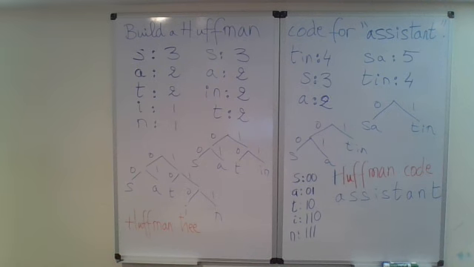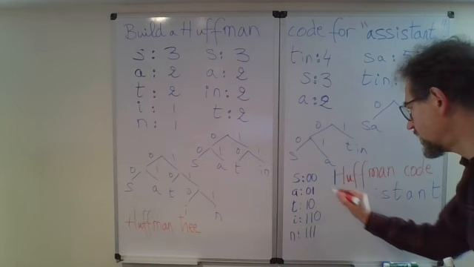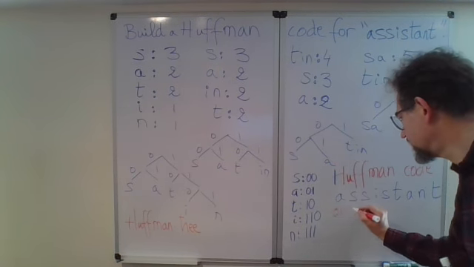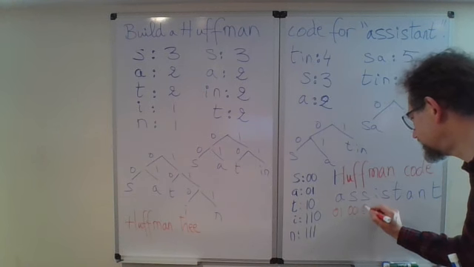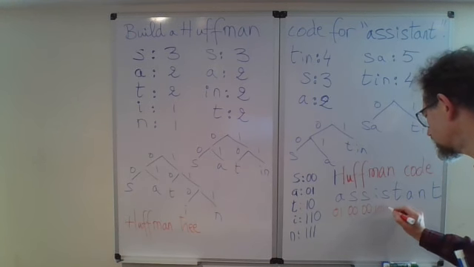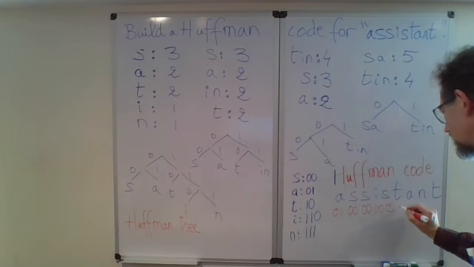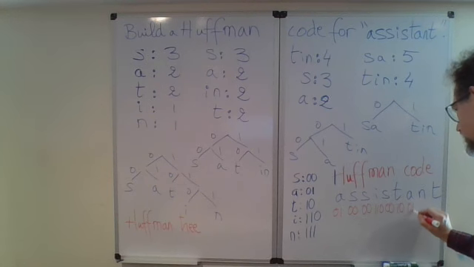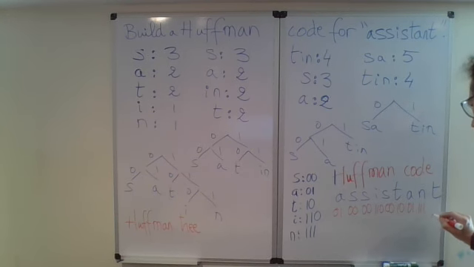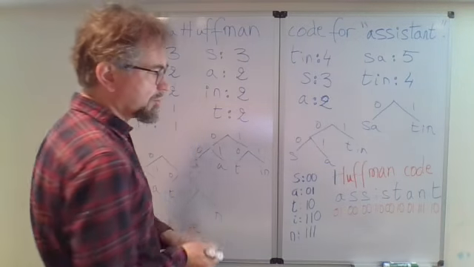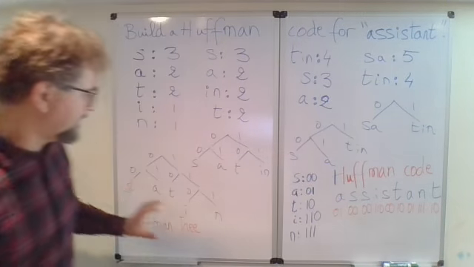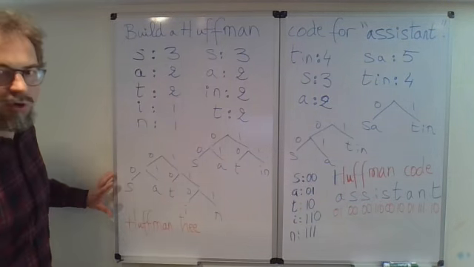So we use the table to write down the bit sequence that is minimal for this message. So the table encodes, the tree actually decodes.